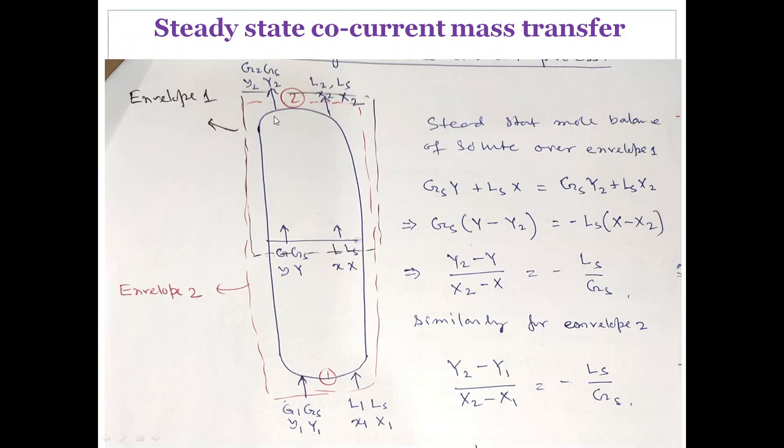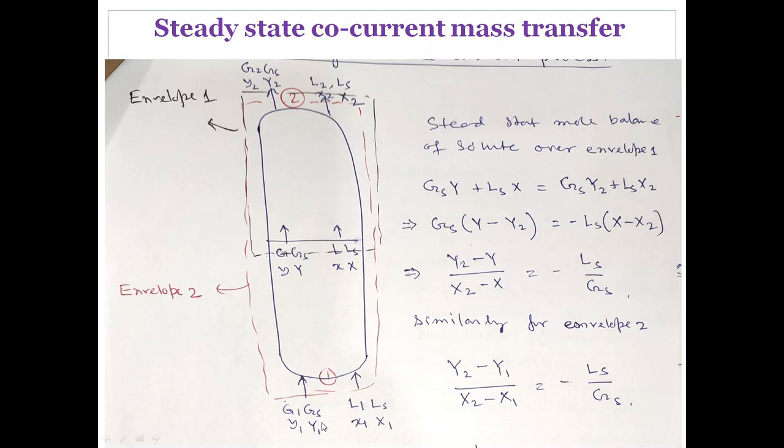The ammonia will move from the gas phase to the liquid phase, so the concentration of ammonia in the liquid phase will increase gradually. So this will be your X2.